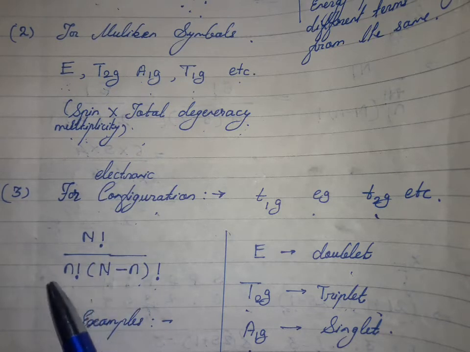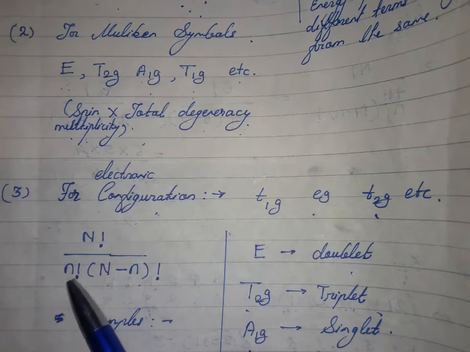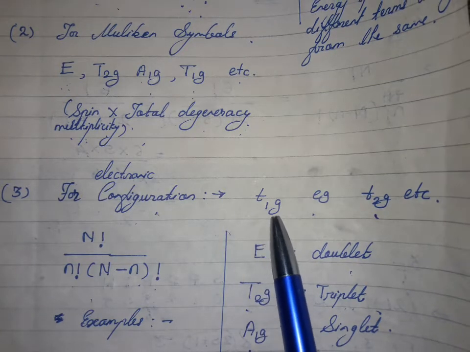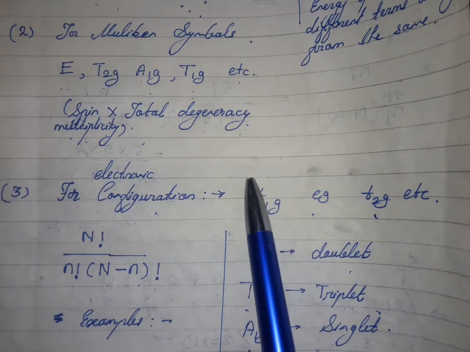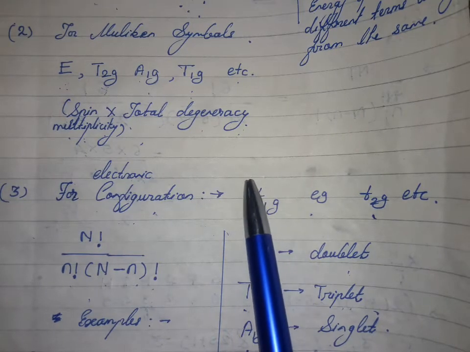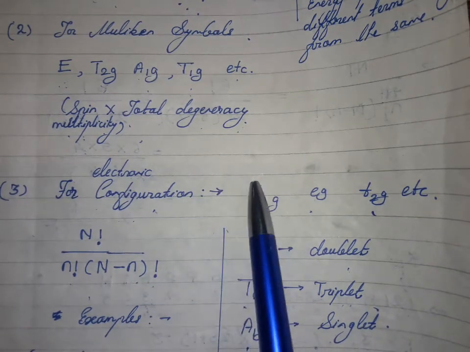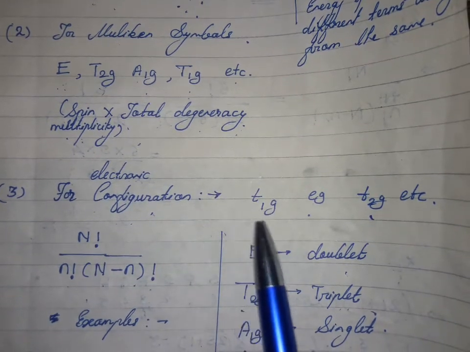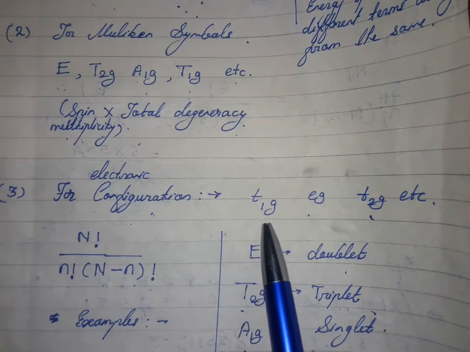Small n indicates how many electrons are present in that particular configuration. If the configuration is triplet T1G, triplet means spin multiplicity, and there are 3 electrons in the T1G configuration.